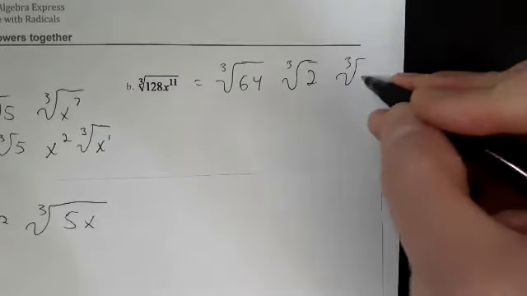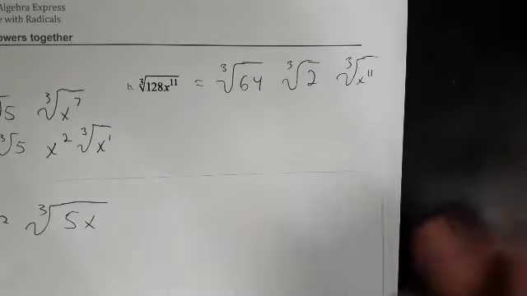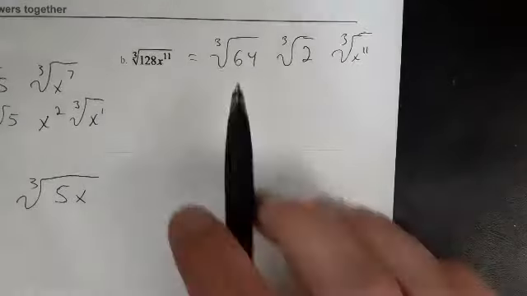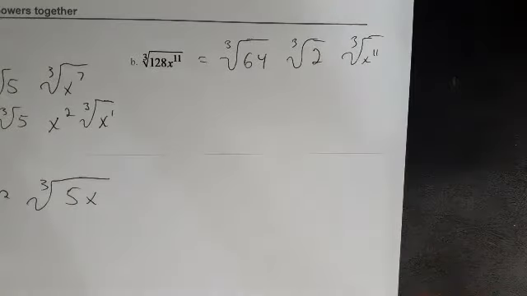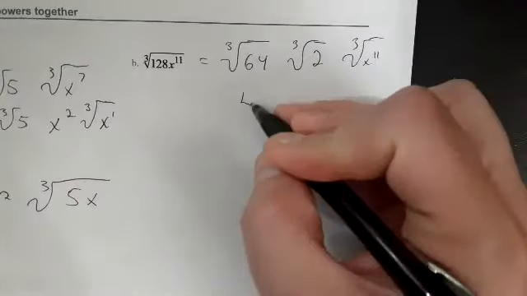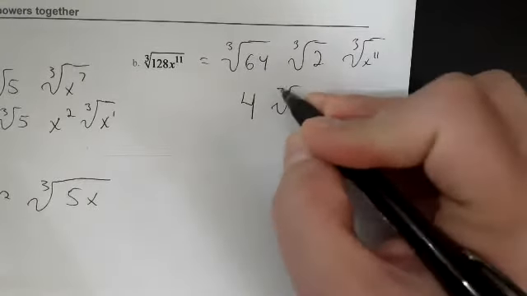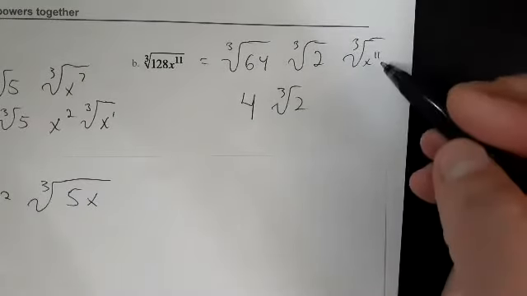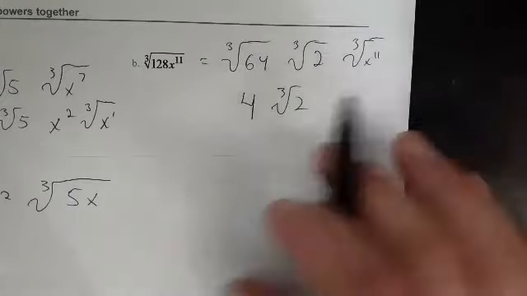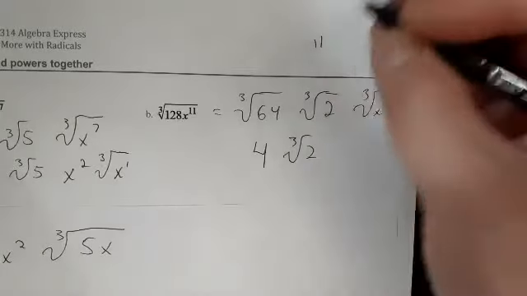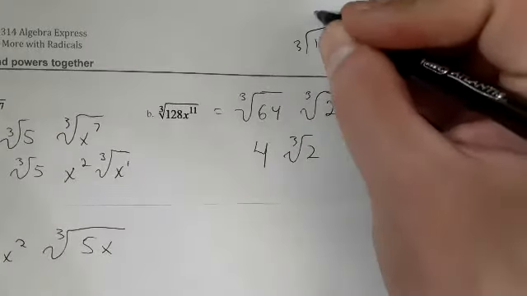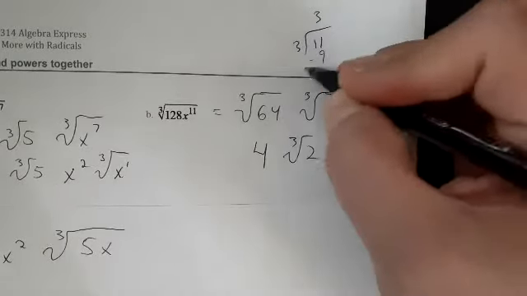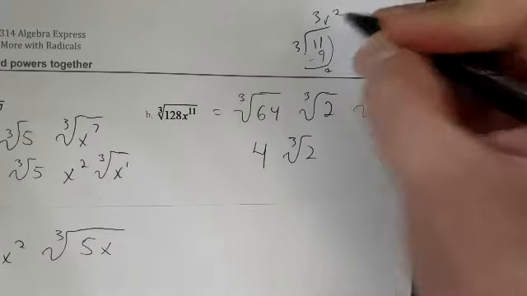Then I can do the cube root of x to the 11th. If I look here, the cube root of 64 is a perfect root that we found on the previous page, which was 4. I have the cube root of 2 and the cube root of x to the 11th. I'm thinking about 11 divided by 3. I'm going to get 3 out of there with the remainder of 2.